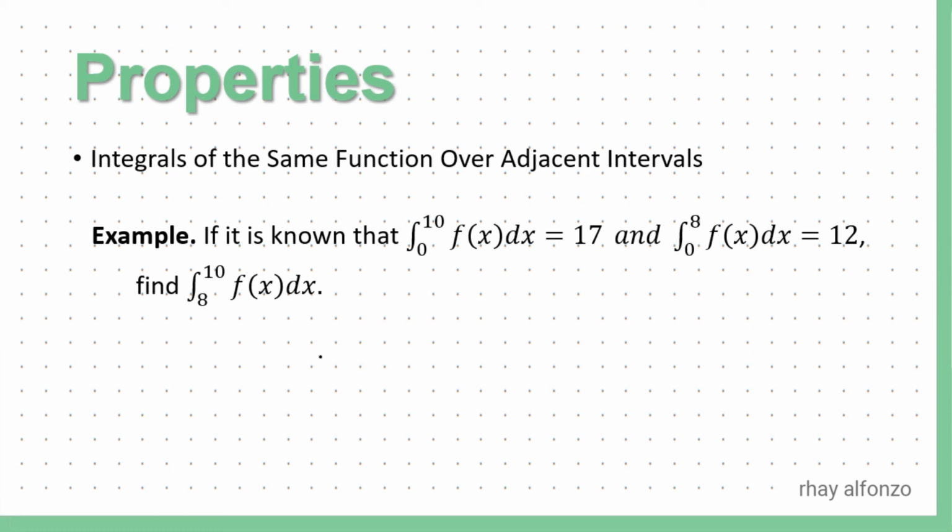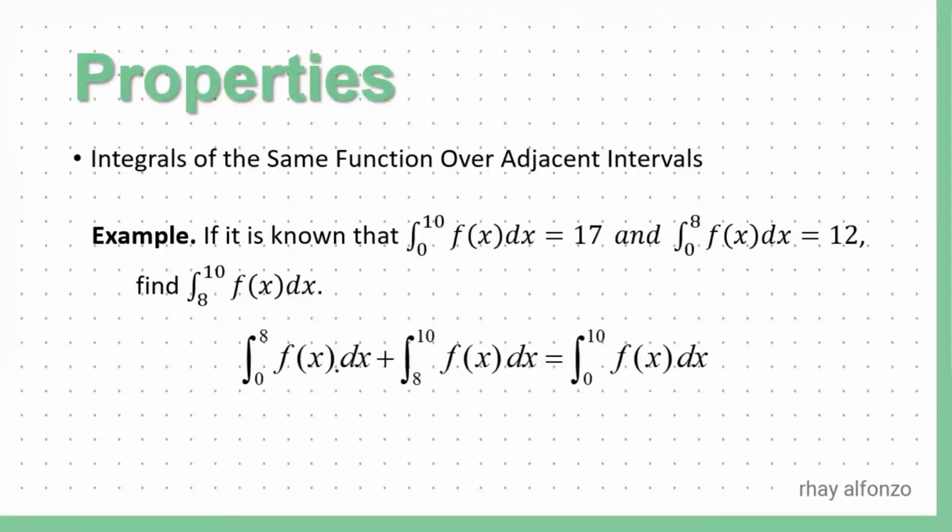And using the property and manipulating this algebraically, the integral of f of x dx from 0 to 8 is 12. The integral of f of x dx from 0 to 10 is 17. And we just copy this one. So plus the integral of f of x dx from 8 to 10 is equal to 17.